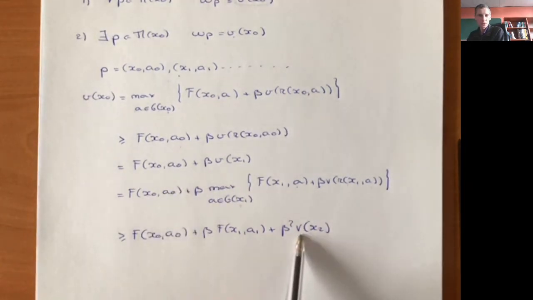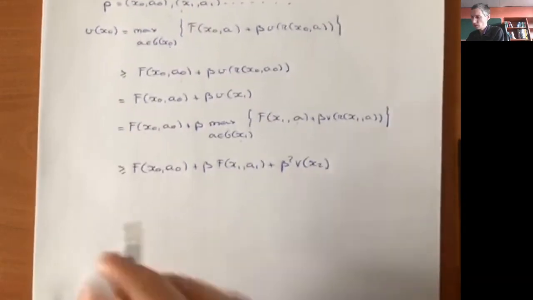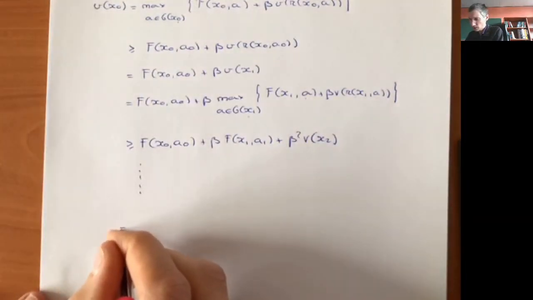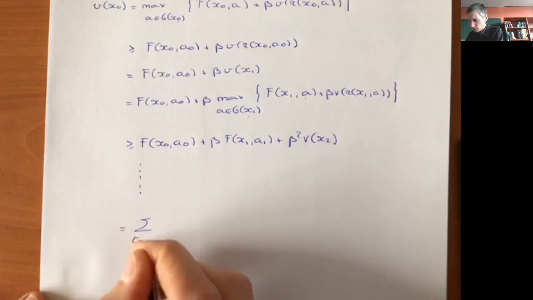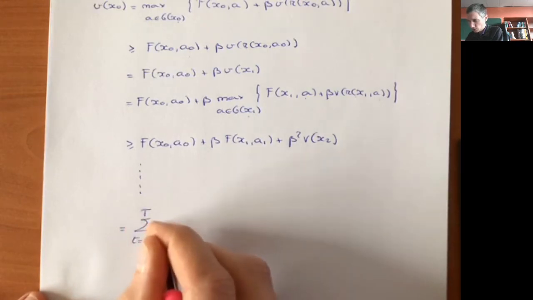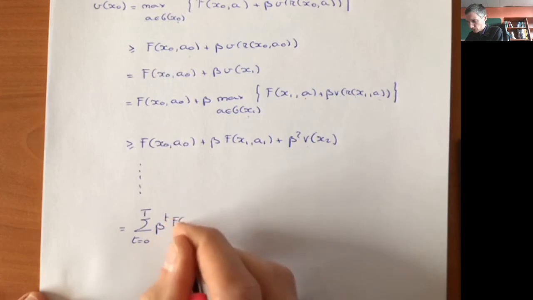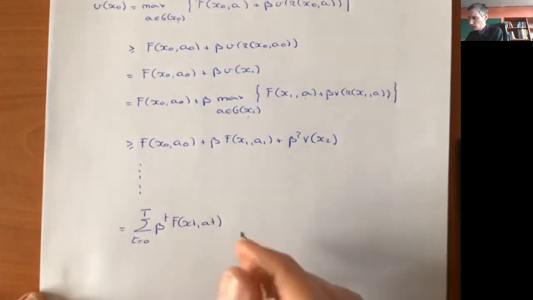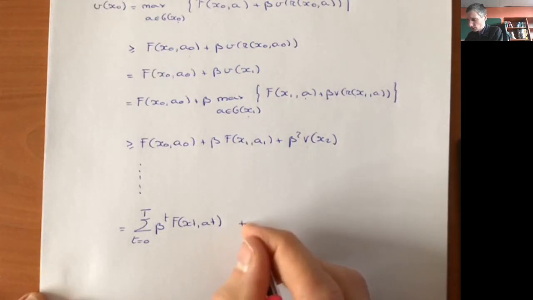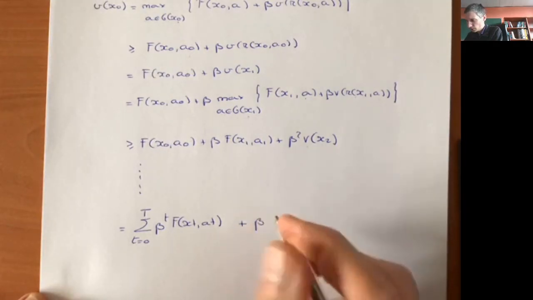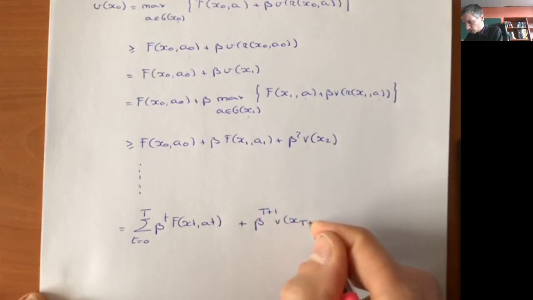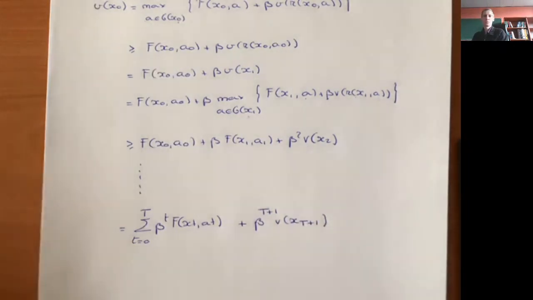Again, I can substitute the v here with this maximization problem, and so on. So I can do this t times, and then at the end I will get the sum from 0 to t of beta to the power t of f xt, at, plus at the end I have beta to the t plus 1 times v of x t plus 1.